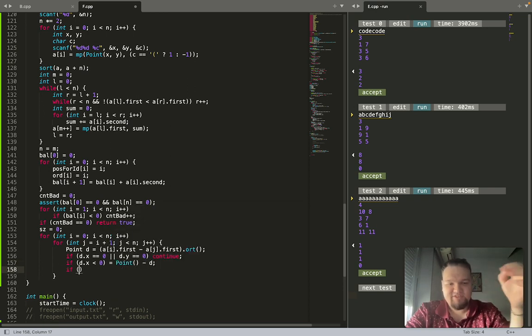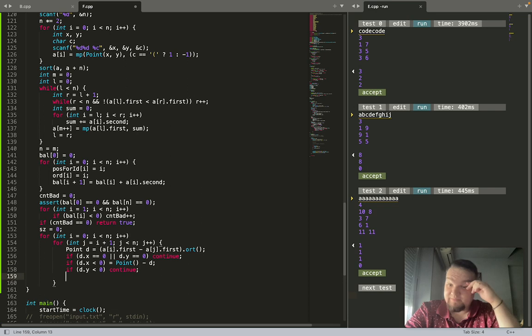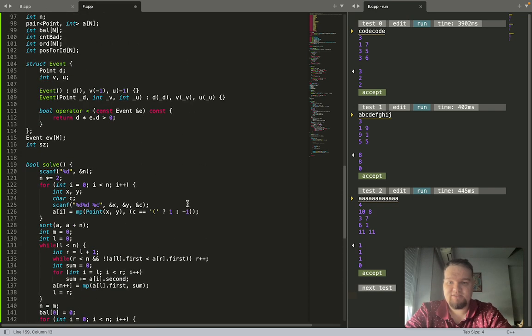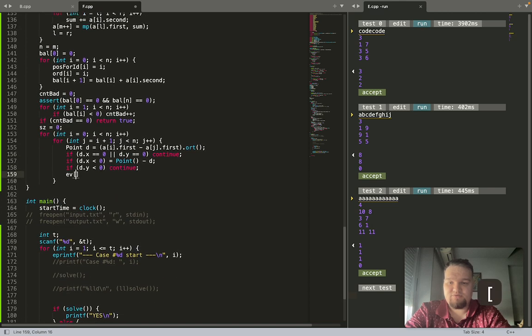But after that the y coordinate can still be negative, and that just means that this event doesn't exist for us, because we only consider events where we're still in the first quadrant. So we just do continue. Otherwise, yeah, it's a valid event, and we need to add it to the list of events.